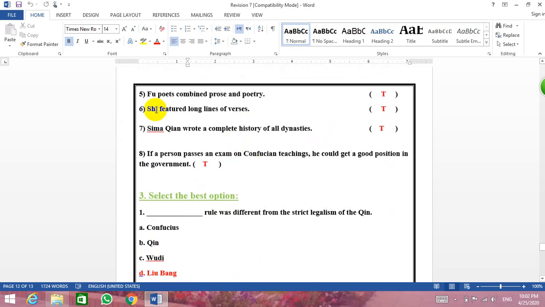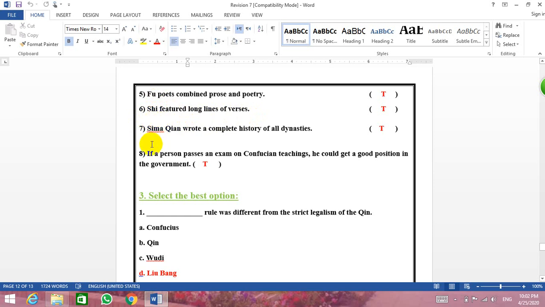Okay. Number 5, Fu poets combine prose and poetry. Yes, that one is true. Point number 6, Shi featured long lines of verses. Yes, that one is true. At that time they had 2 types of writing. One was Fu and the second one was Shi.